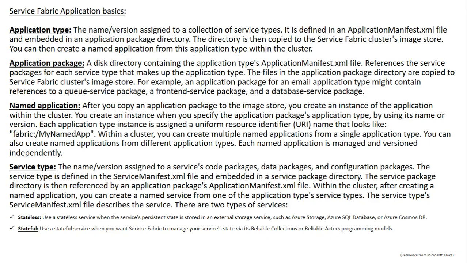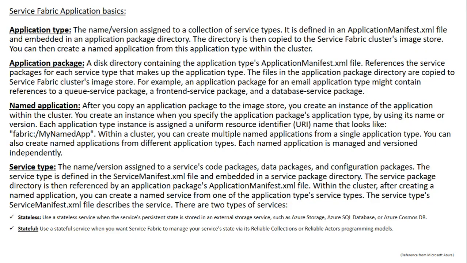It's also possible to host multiple applications, more than one, like two or three applications. And Service Fabric understands that by the application type. It knows that application type 1 is different from application type 2 or application type 3. So this is the concept of application type.